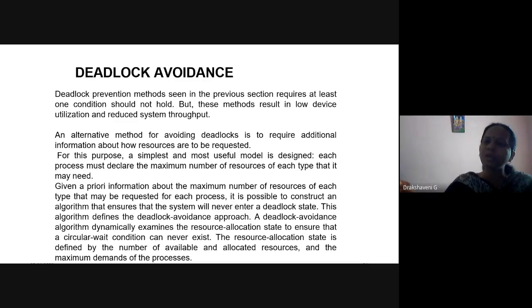Then beforehand, deadlock can be avoided. Given a priori information about the maximum number of resources of each type that may be requested for each process, it is possible to construct an algorithm that ensures the system will never enter a deadlock state. This algorithm defines a deadlock avoidance approach.